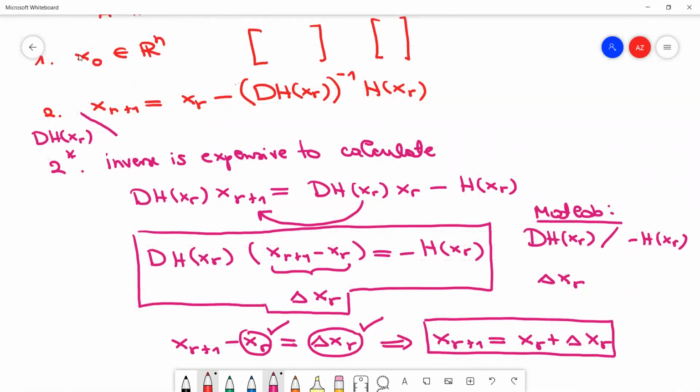So in the first step, we choose the vector x naught. Then we solve this system, Jacobian matrix in XR times some vector is minus the value of H in XR. We get this vector and then calculate the next iterate in this way, XR plus this step.